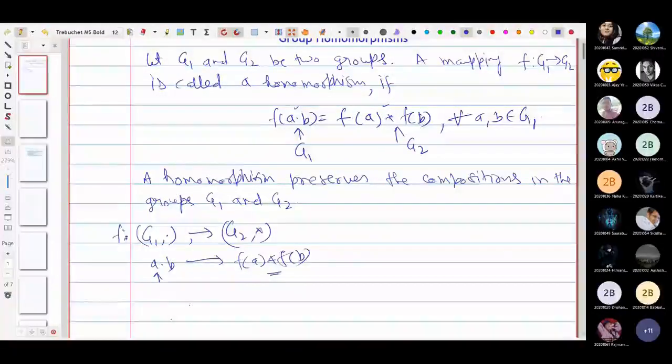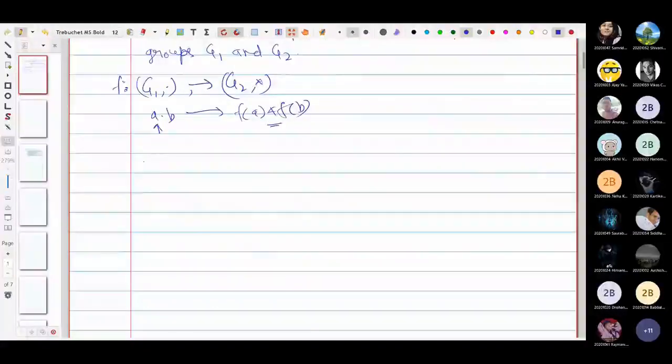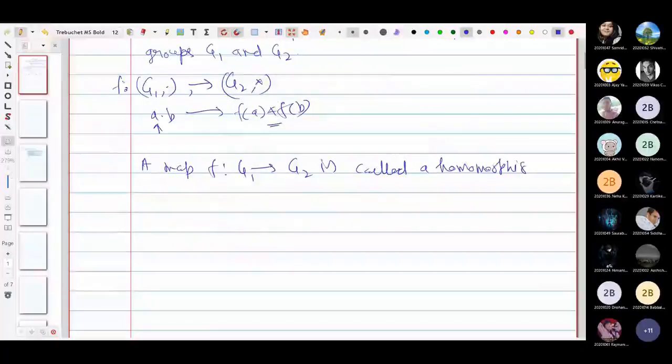And sometimes, in short, we write like this: a map f from group G1 to G2 is called a homomorphism if f(ab) equals f(a)f(b), like this.